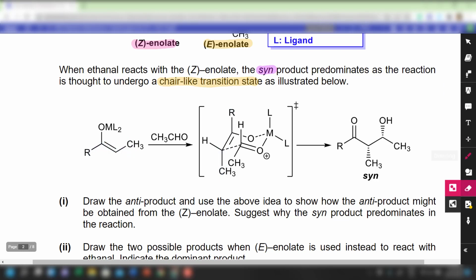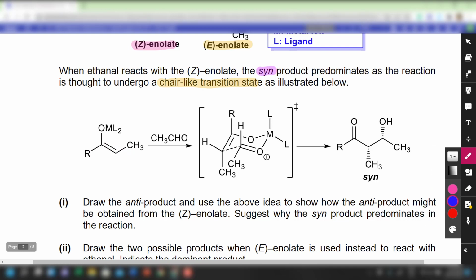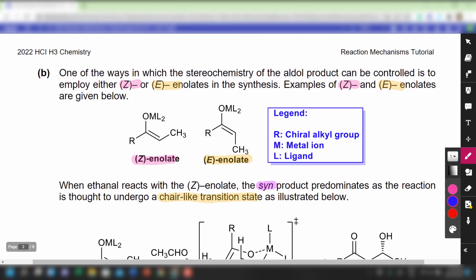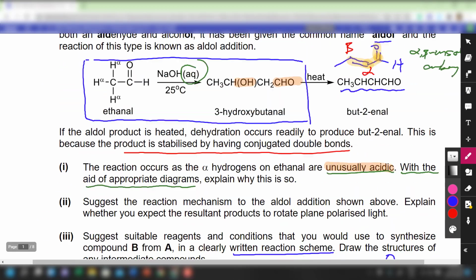Another thing you might want to recognize is that this is an enolate. An enolate meaning that if I remove the metal, it will actually look like this: an O minus with an R group, and then a double bond and a CH3. It will behave in the same way as what we have established earlier on.